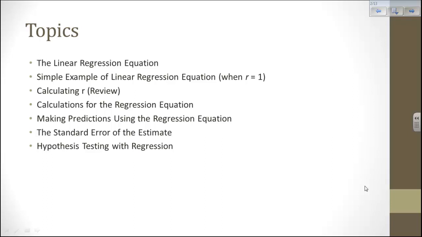Then I'll give you a review of how to calculate the correlation coefficient, because it is an important first step to calculating the regression equation. And then I'll show you how to use that regression equation in practice to make predictions of what you think the value of y would be based on the value of x and the relationship between x and y. Then we'll go over the standard error of the estimate, and then finally hypothesis testing with regression.